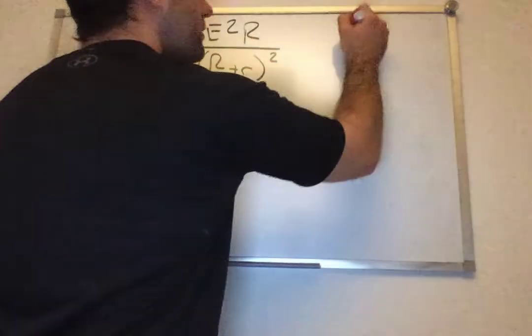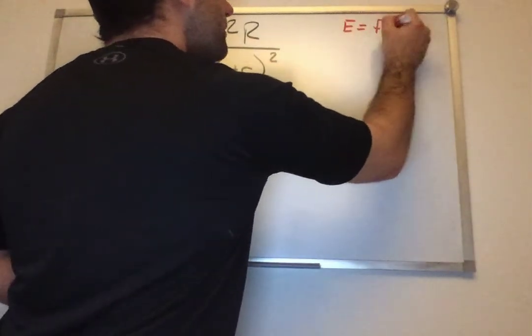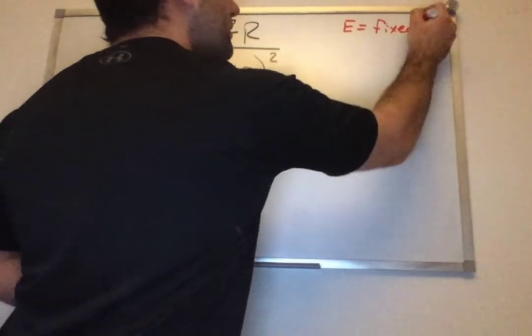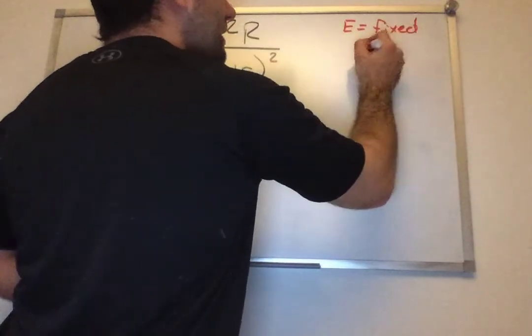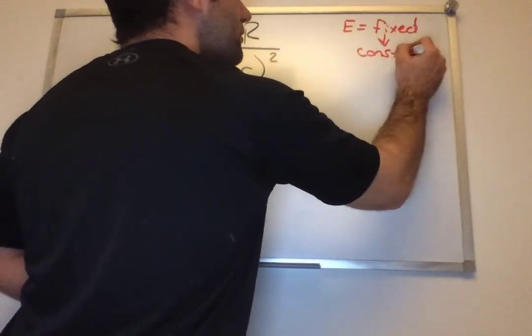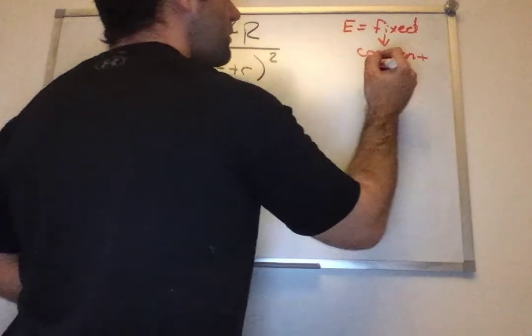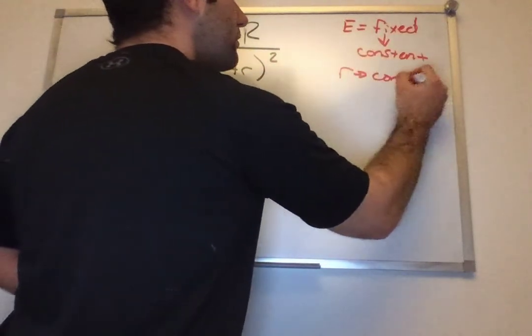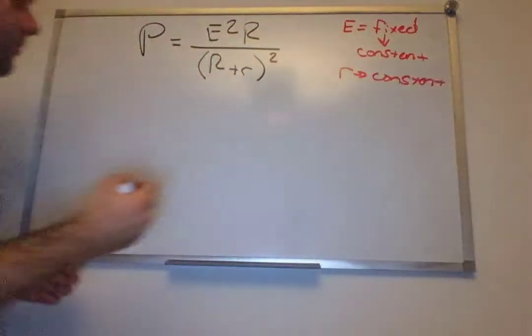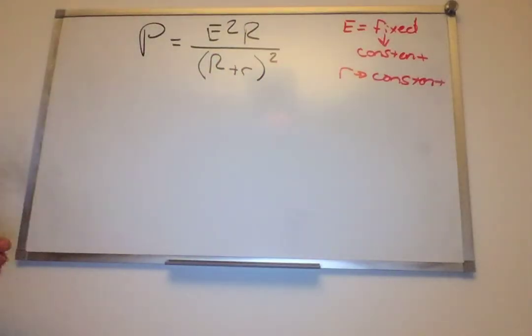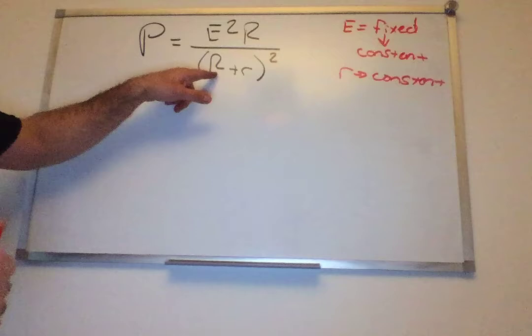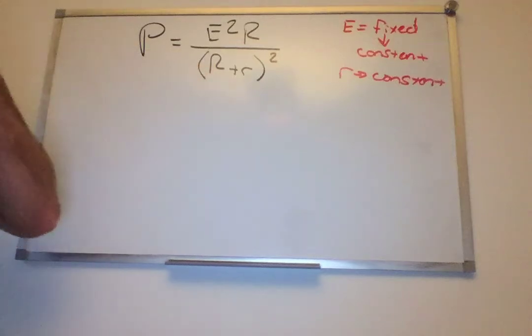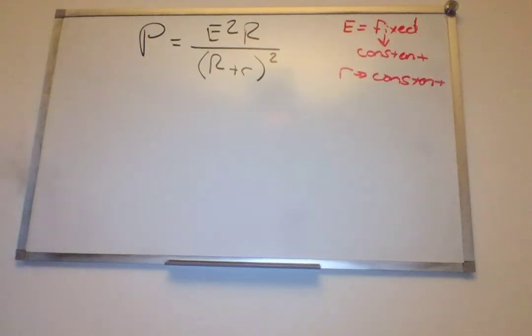So it says E is fixed. This implies it's constant. That's the same with little r. That's constant. So big R here is our variable, all right, and it wants us to find the maximum value of the power.